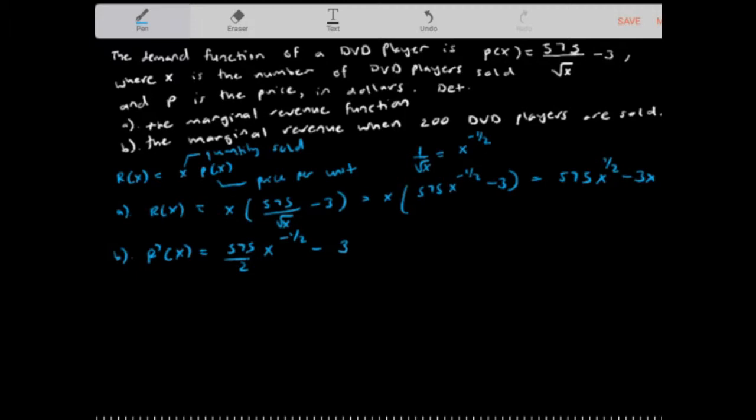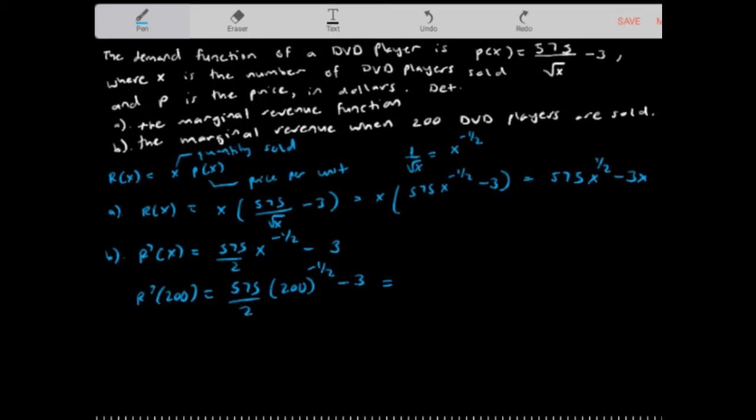We want to figure out the marginal revenue that's being made when we sell 200 DVD players. So I'm going to do R prime of 200, which is equal to 575 over 2 times 200 to the power negative 1/2 minus 3. If we convert this into just positive exponents, we should get 287.5 over the square root of 200 minus 3, which is going to give us 17.33.